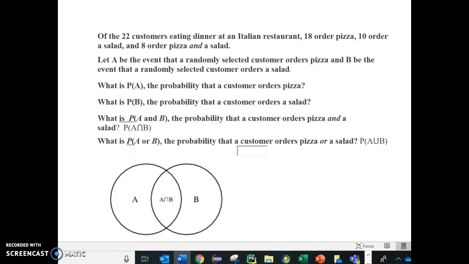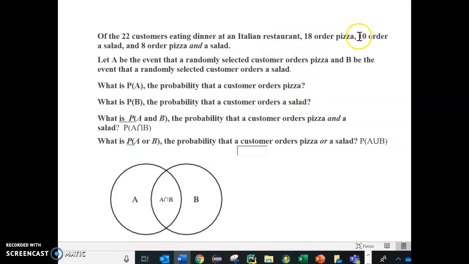Well, there are 18 orders for pizza out of 22 customers, so it's 18 out of 22, or 9 over 11, which would be about 81%, 82%.